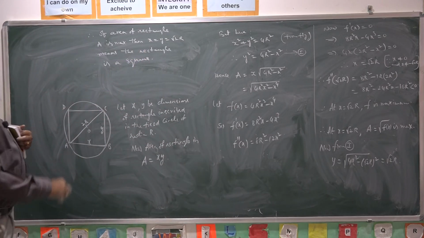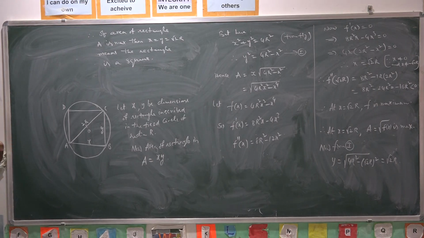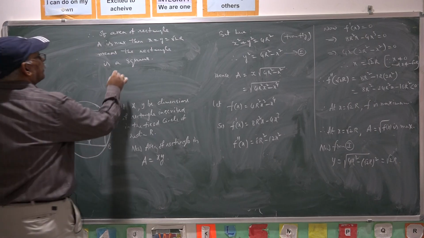So the maximum rectangle inscribed in a fixed circle is always a square. That is our conclusion.